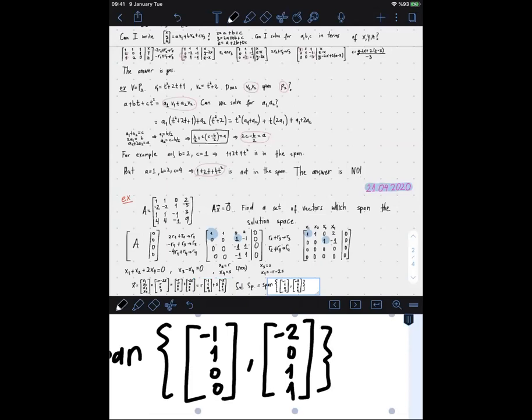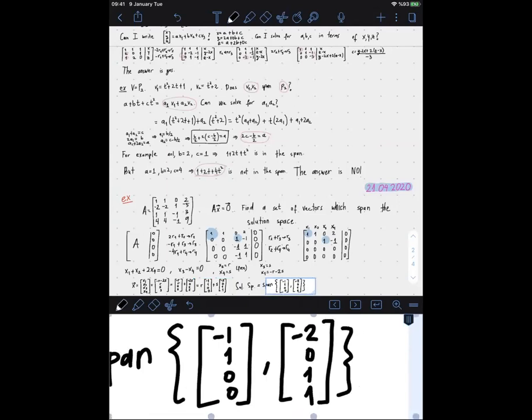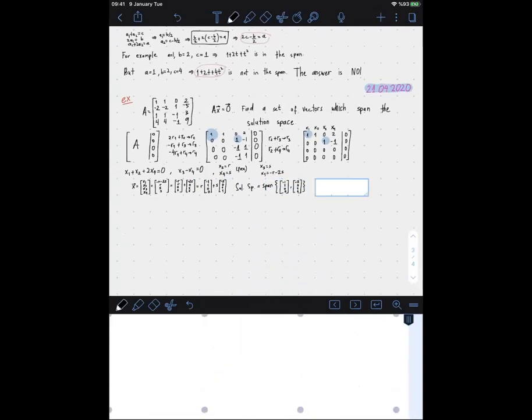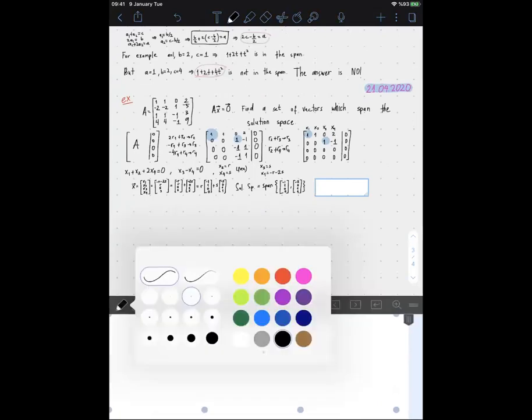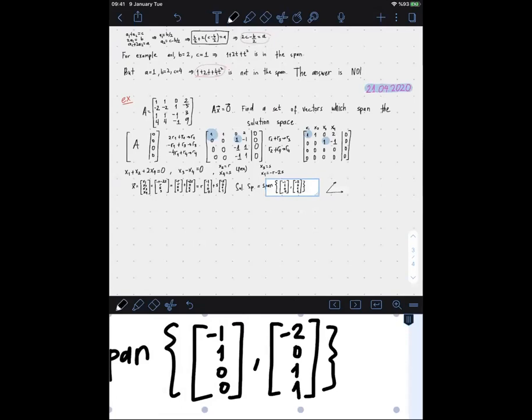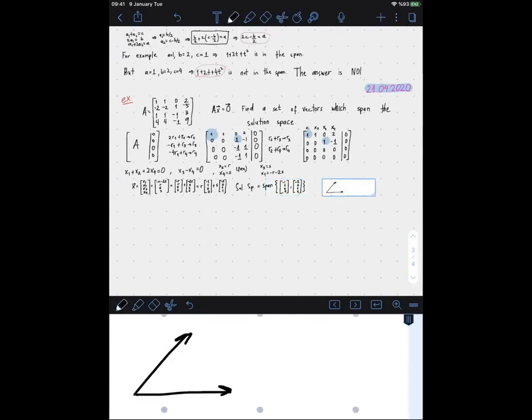We talked about the geometric idea behind this. There are two vectors in the four-dimensional space. I cannot draw the four-dimensional space, but one of them is this vector, the other one is this vector, and they form a plane.